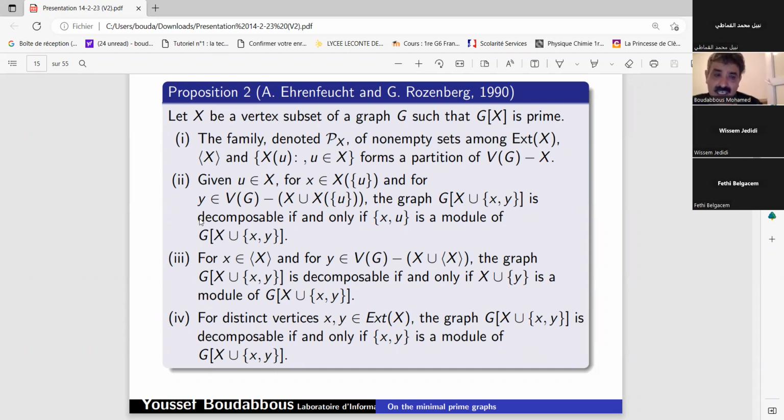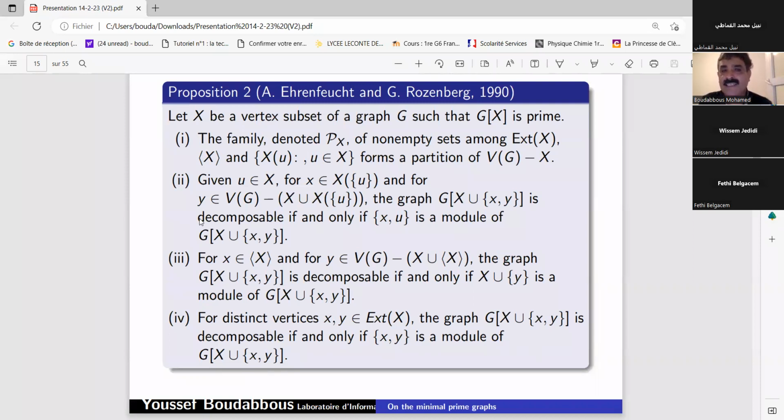Assertion 2: if X belongs to XU, thus it forms a model with U, and Y is outside X union XU, because clearly, if we add 2 vertices in XU, we obtain a model with 3 vertices. Thus, we are decomposable. Thus, we don't consider the case where 2 elements are in the same XU.